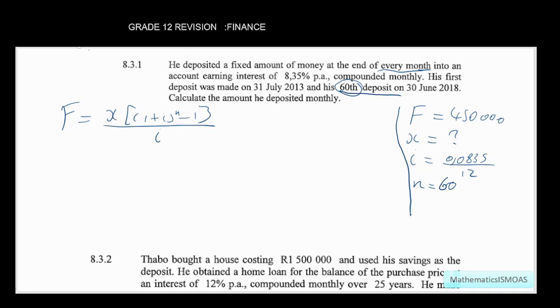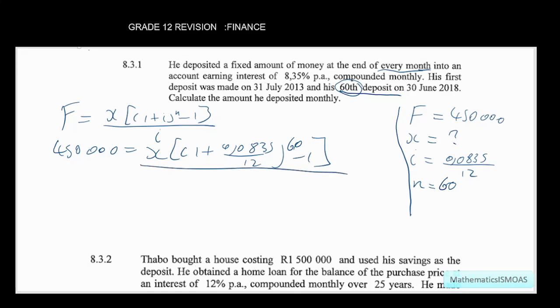So our future amount, 450,000, is equal to X, [1 + 0.0835 divided by 12] to the power of 60, minus 1, close the square bracket, all divided by 0.0835 divided by 12.